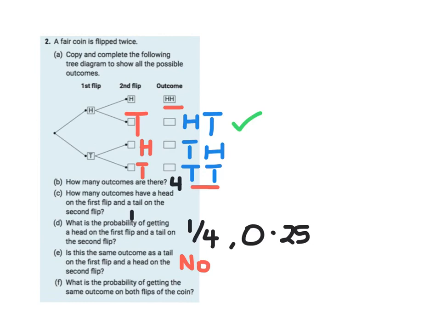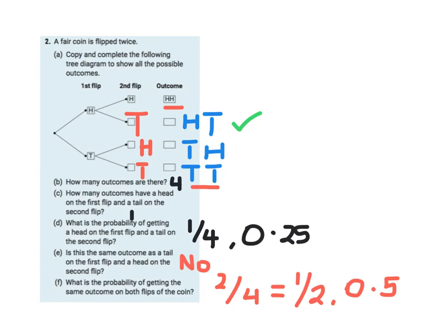So the number of times I got the same outcome was twice, because I could get a head, head, or I could get a tail, tail. Okay, so it happens twice. My number of outcomes is 4. And I can simplify that to 1 over 2. Or I could also say 0.5.